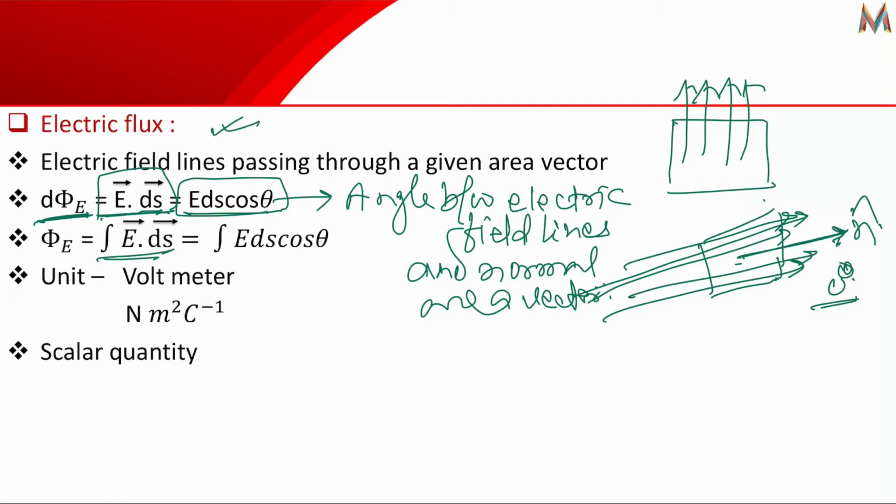One way is in terms of the number of electric field lines passing through a given area vector. And another way is that the dot product of the electric field and the normal area vector is called electric flux. So I am going to write another definition: dot product of electric field and area vector.